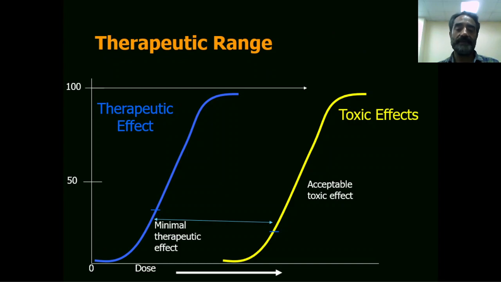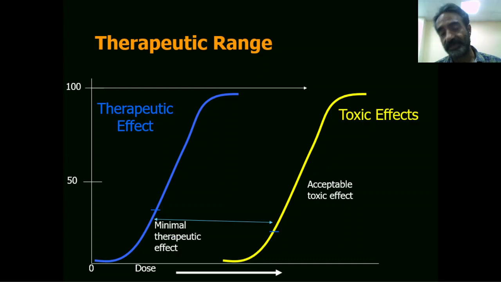Another term is therapeutic range. Here again the therapeutic effect curve and the toxic effect curve are shown. There is a slight difference between therapeutic index and therapeutic range. The index, if you remember, was the ratio between the toxic dose 50 and the effective dose 50.